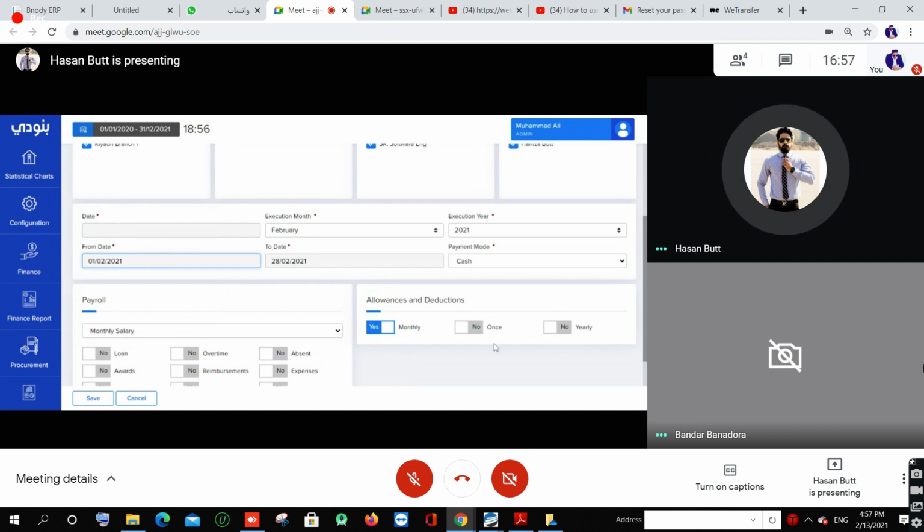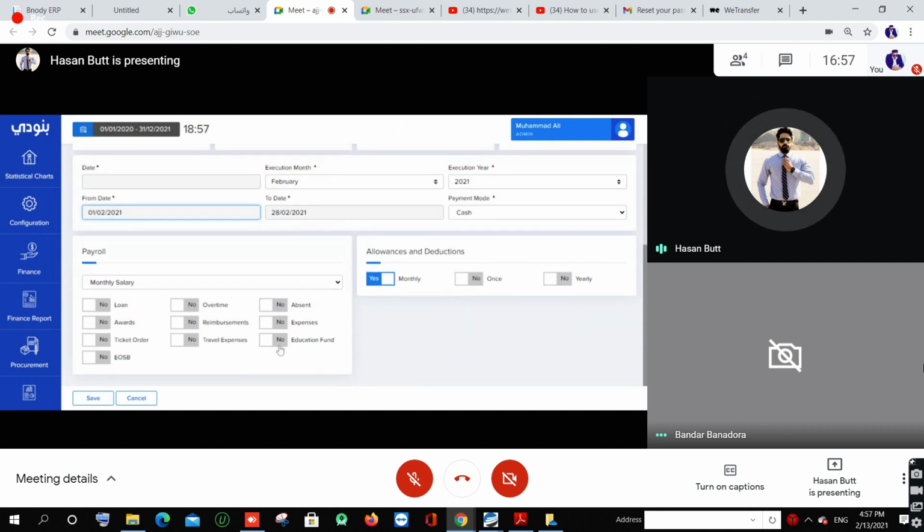All right, brothers. And here we have a lot of options. Most of them are not in use in most of the companies. So you can click on the travel expense, which is most likely used, and the overtime as well. Loan can also be, but the most likely options are travel expenses and the overtime. It means that the overtime money will be given to him with his salary.